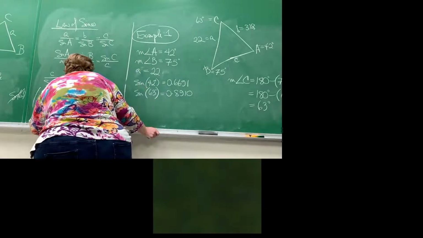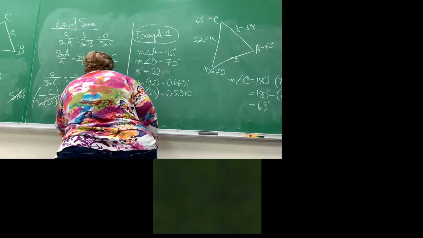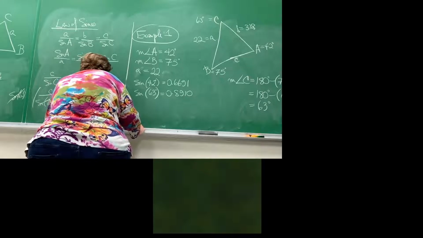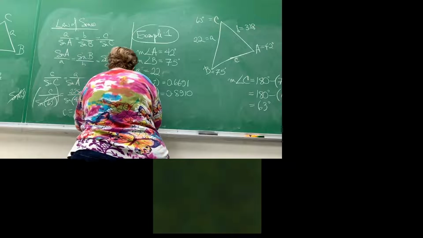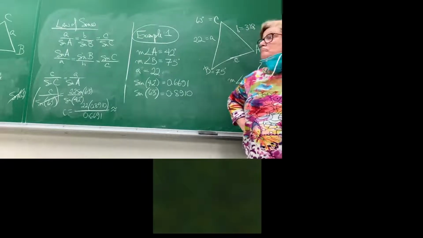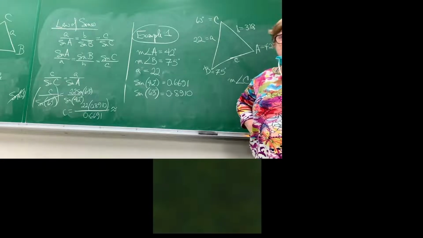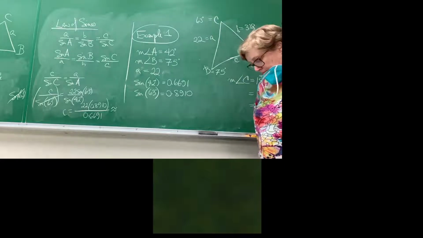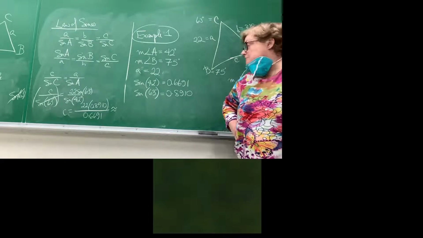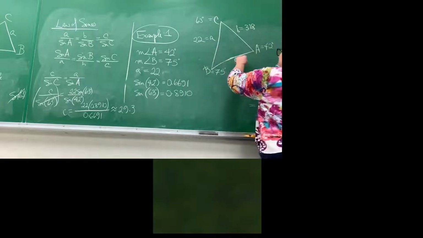Now we've got that little c is 22 times 0.8910 divided by 0.6691, and to one decimal place, what do we get? And now we've solved the triangle.